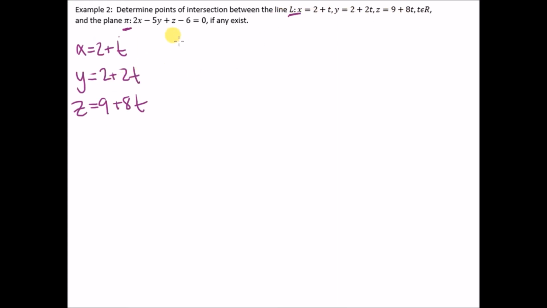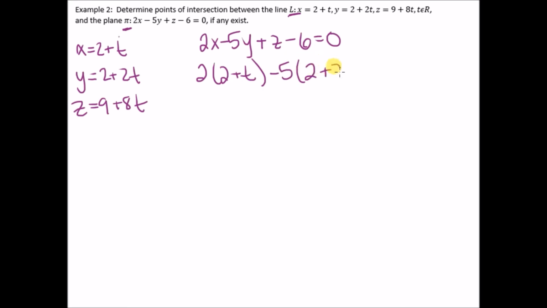Just like in example 1, let's sub in these expressions for x, y, and z into the Cartesian equation for the plane. So we have 2 plus t minus 5 times 2 plus 2t, minus 6, plus 9 plus 8t minus 6 equals 0.